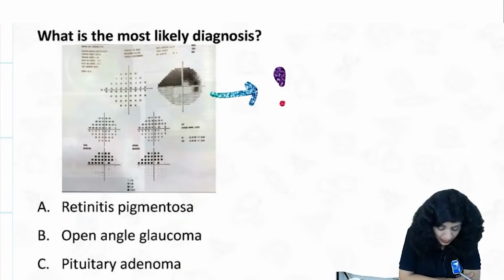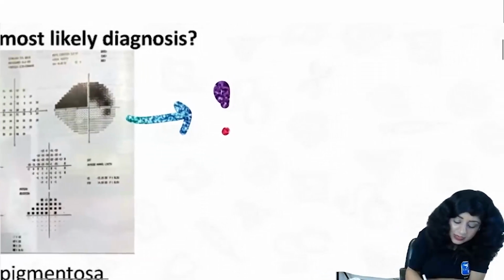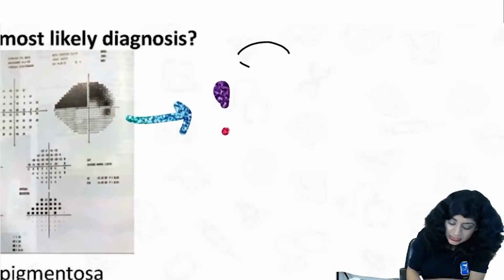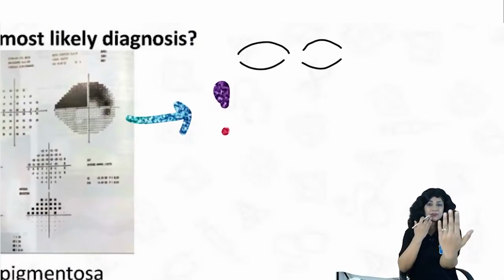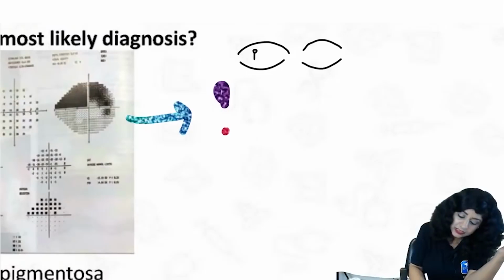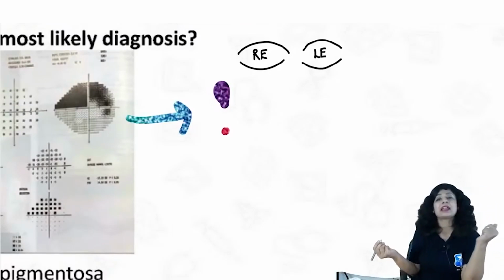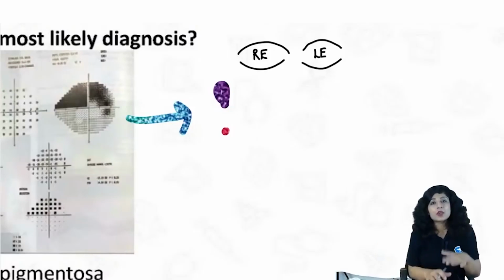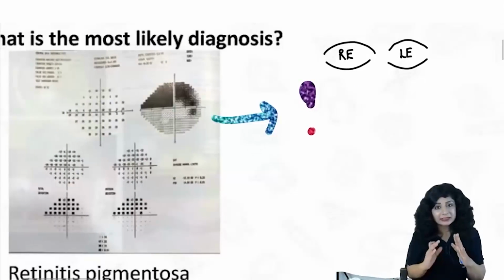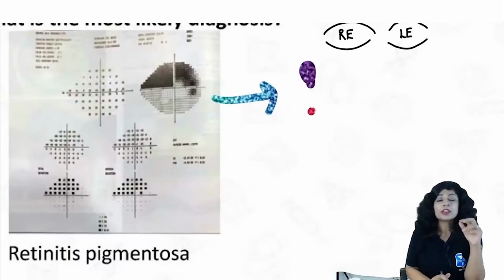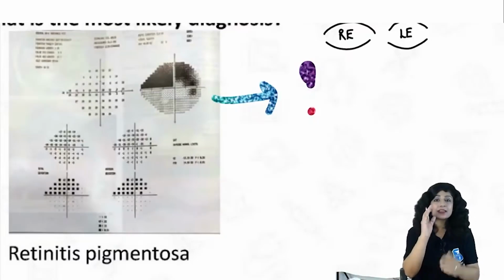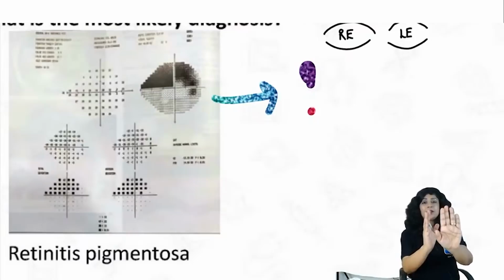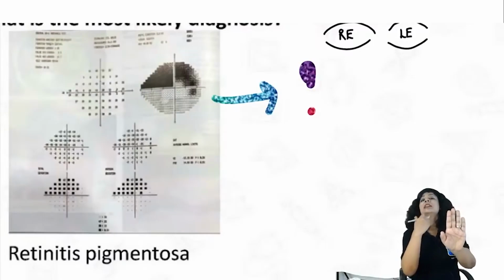Printout is there. Now see, when I'm talking about the eyes like this, then we usually take it as if the patient is facing me. So this becomes the right eye and this becomes the left eye in that case. But when we are looking at the fields, it is as if the patient is standing not facing me but like me.